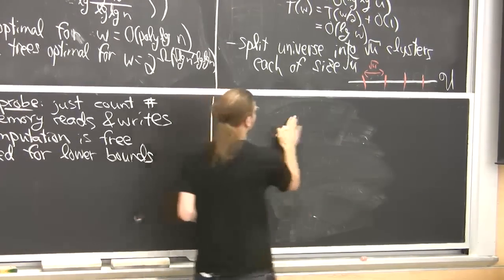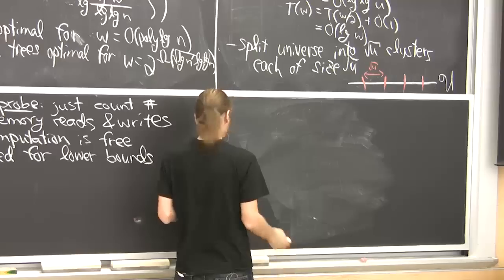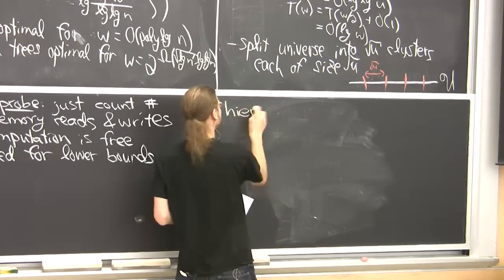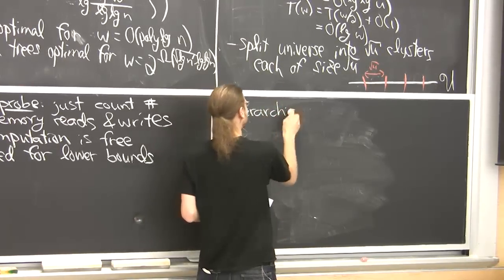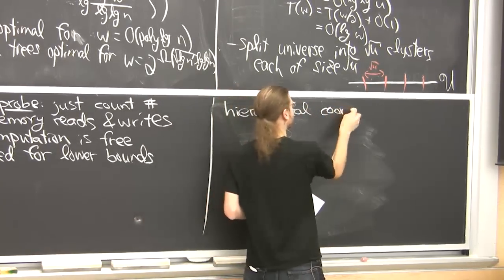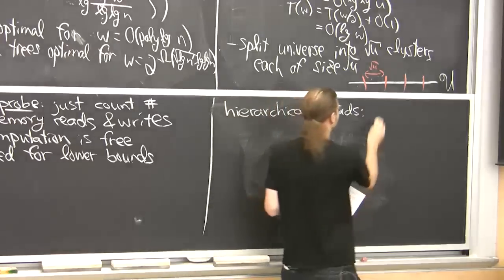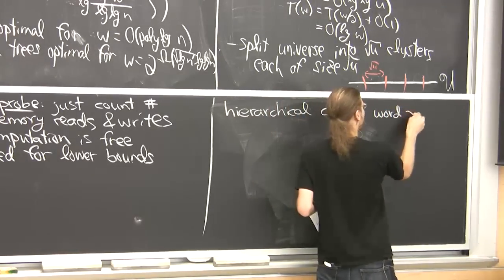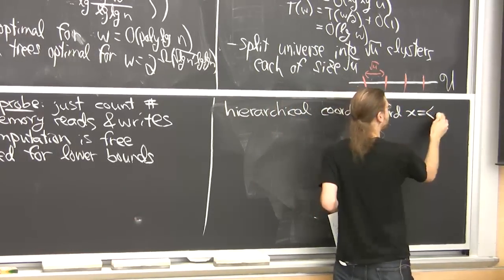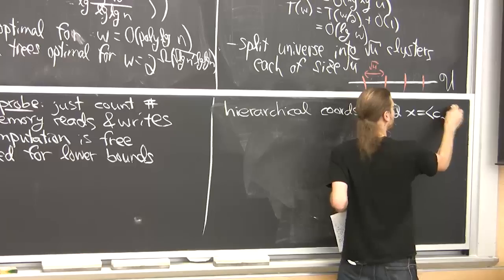I'll talk about how to actually do that recursion in a moment. Before I get there, I want to define a sort of hierarchical coordinate system. This is a new way of phrasing it for me, so I hope you like it. If we have a word x, I want to write it as two coordinates, c and i.